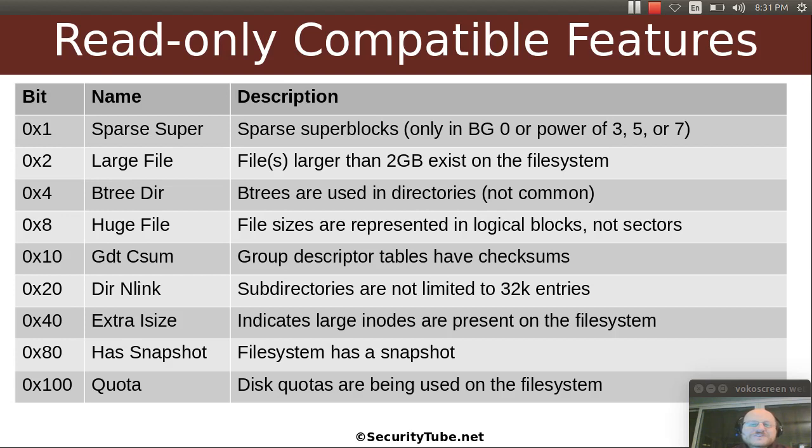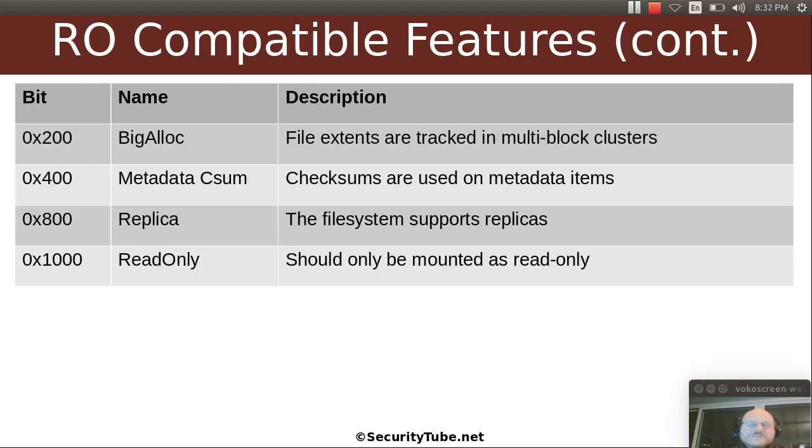If this feature is enabled, your file system has a snapshot. Quota, also pretty self-explanatory. If you have this enabled, then disk quotas are being used. Other possibilities, big alloc. In the big alloc feature, file extents are tracked in multi-block clusters.